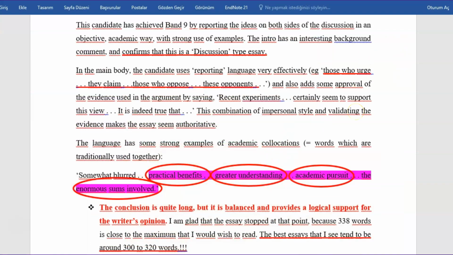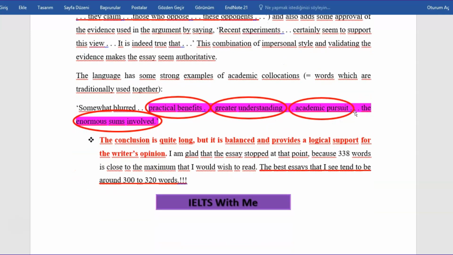The candidate used it pretty well, as well as using academic collocations such as practical benefits, greater understanding, academic pursuit, the enormous sum involved.